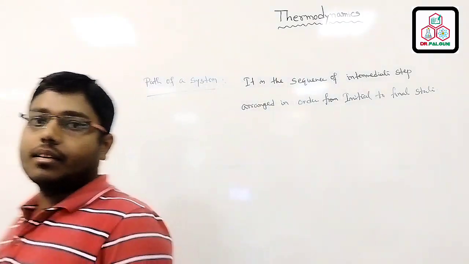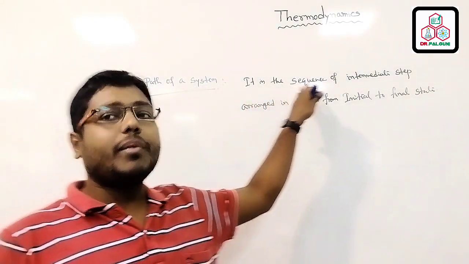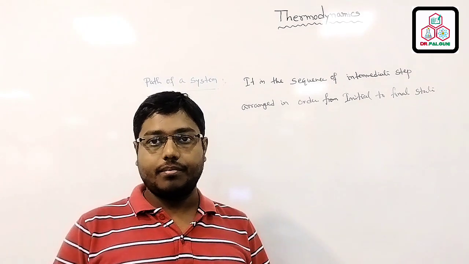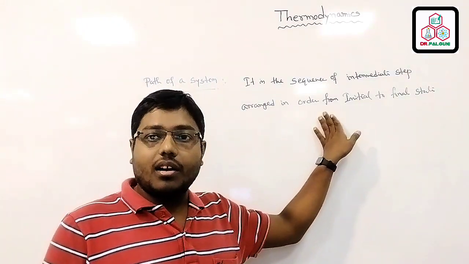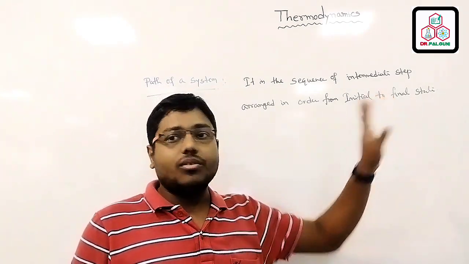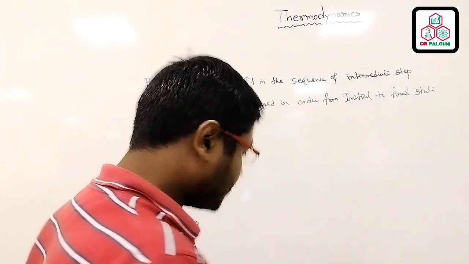So path is a sequence of intermediate steps of a system arranged in order from the initial to the final state.